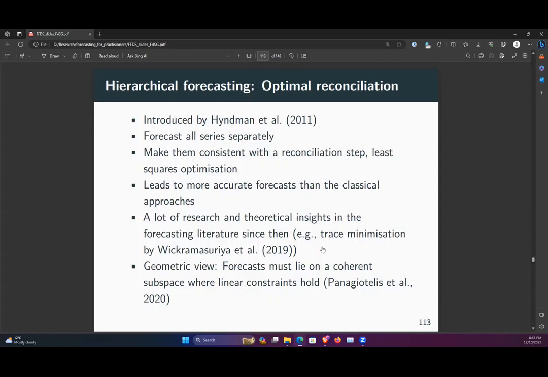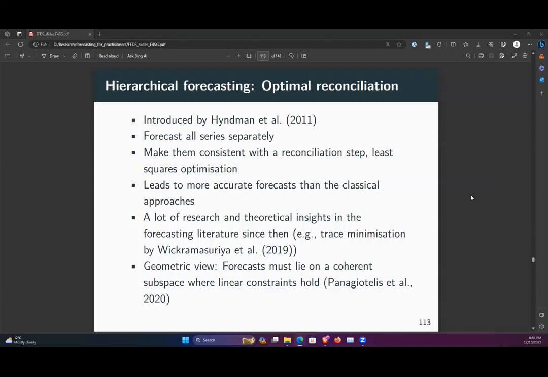And then there is the other paper from Panagiotis. So this one talks more about the probabilistic reconciliation, right? When it comes to point reconciliation, you just have to make sure that it sums up to the higher levels.